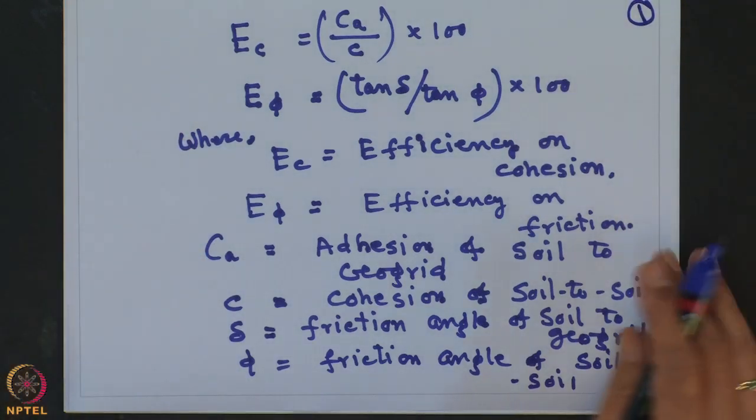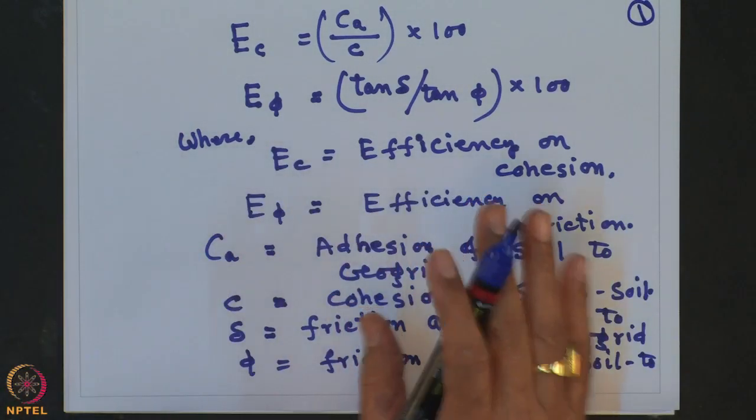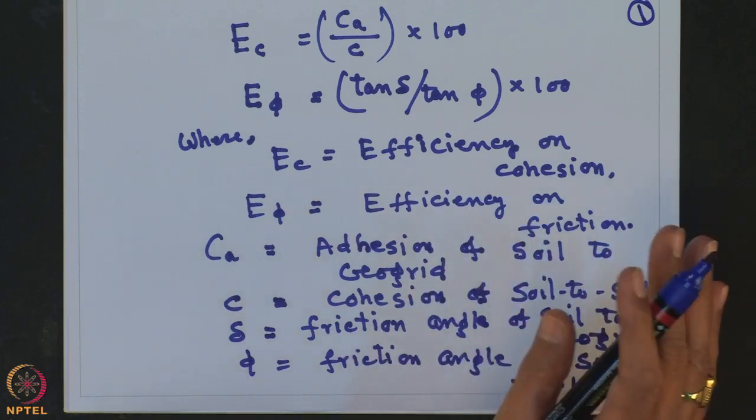So, from this test we can determine the efficiency on the cohesion as well as the efficiency on the friction. That means E_C and E_phi can be determined.